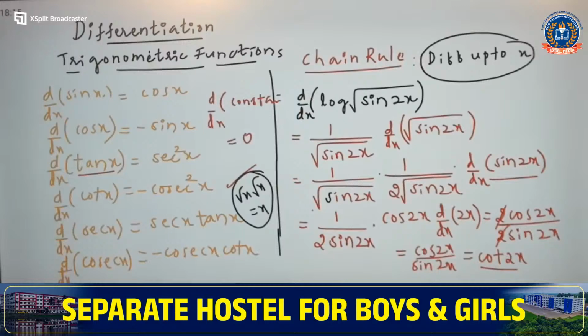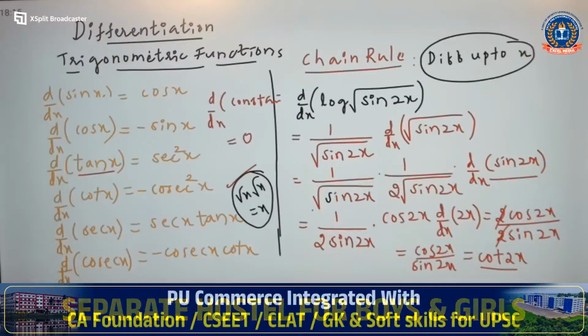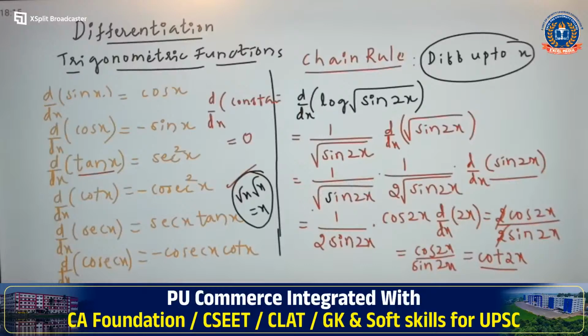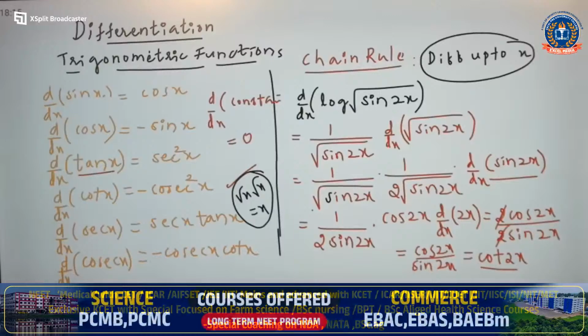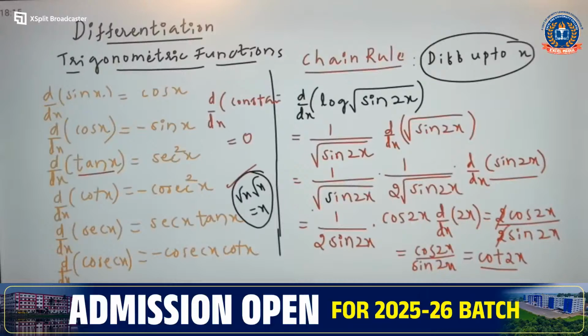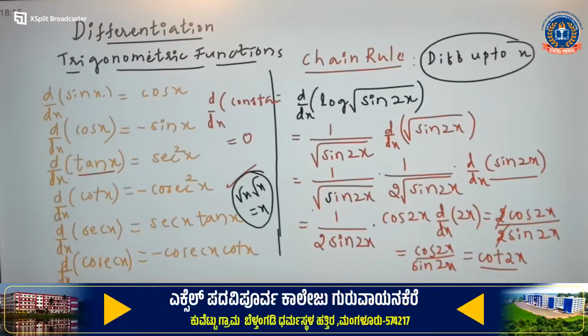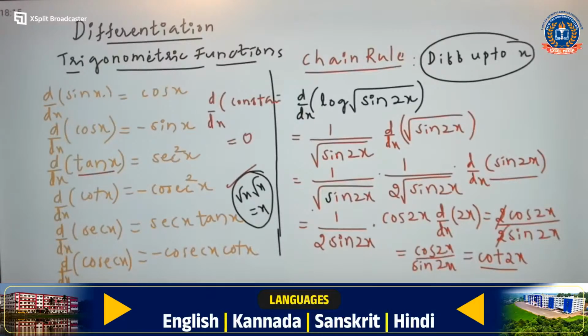College will start. You contact the number given down there. If you understood the chain rule, give me a thumbs up. Do it fast. Do it. Give me a thumbs up. Fatafat. Be active in the class.